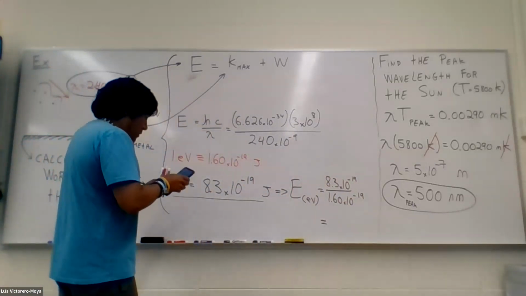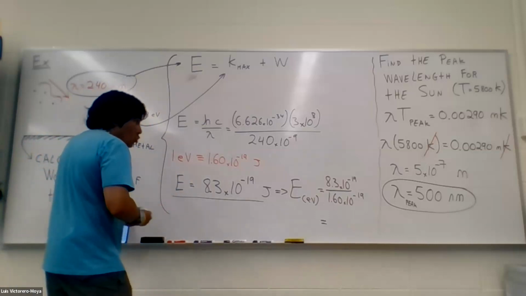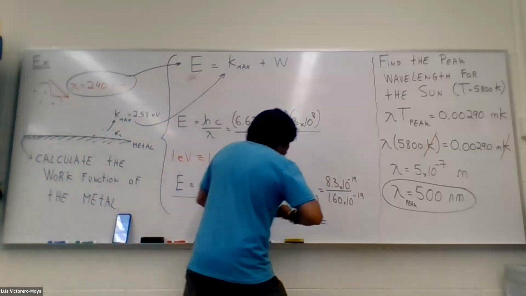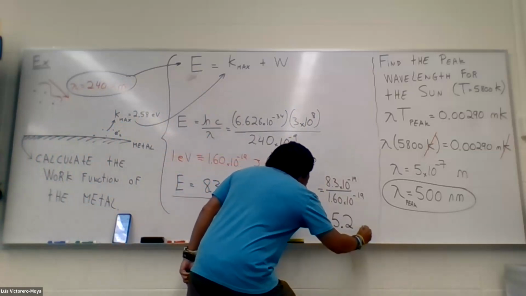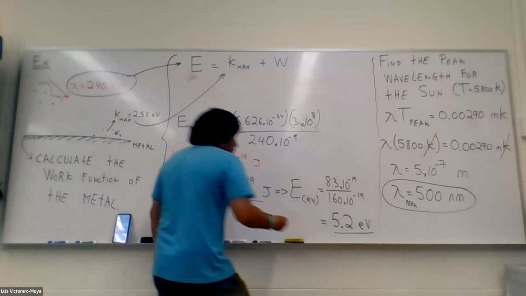That should be around 5, right? Yeah, 5.2. 5.2 electron volts. There you are.